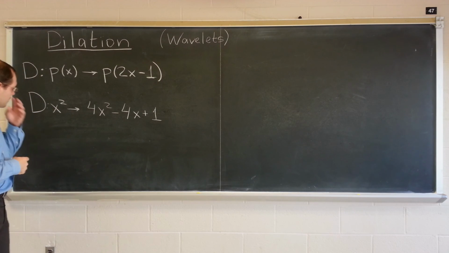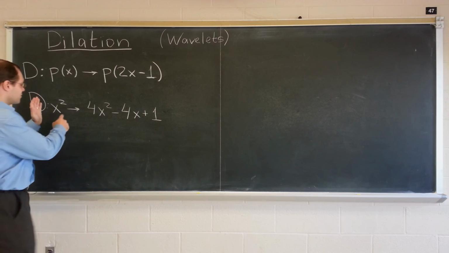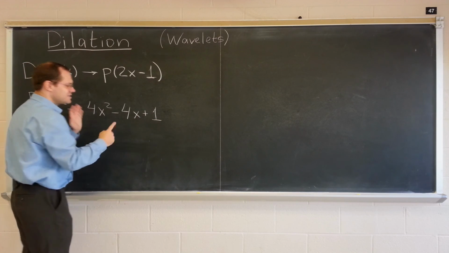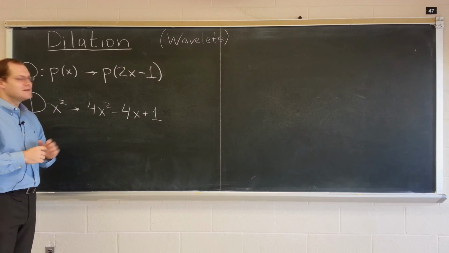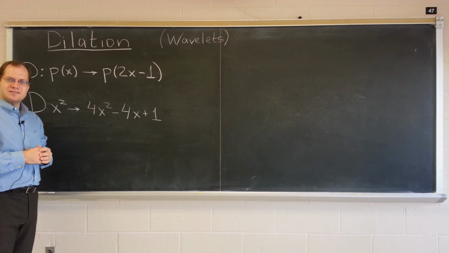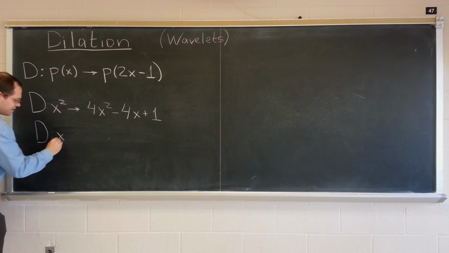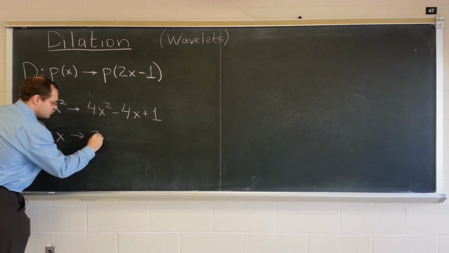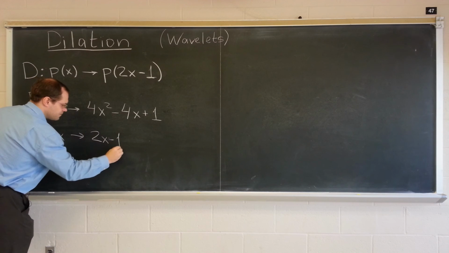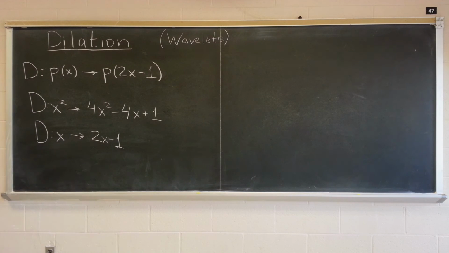Completely unintuitive. If you were to draw the graph of this next to the graph of this, maybe you'll see what it does and why it's called dilation. Let's do it for one more. How about x? x goes to 2x minus 1. That's easy.